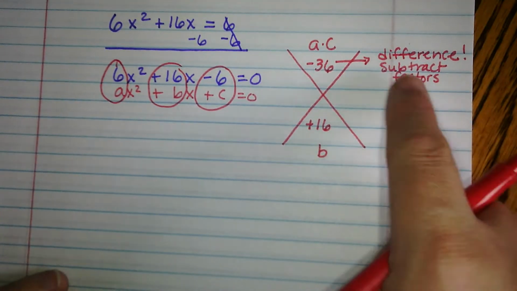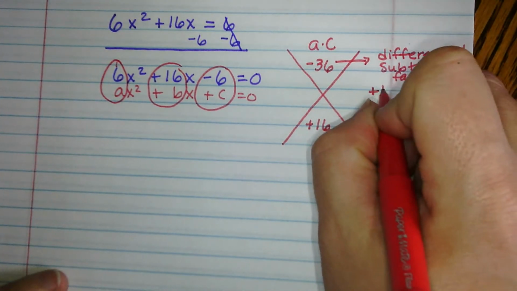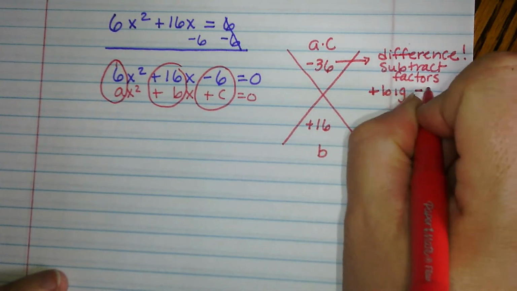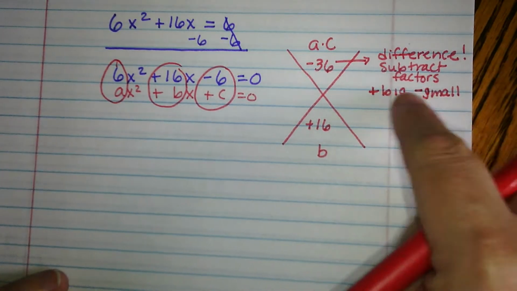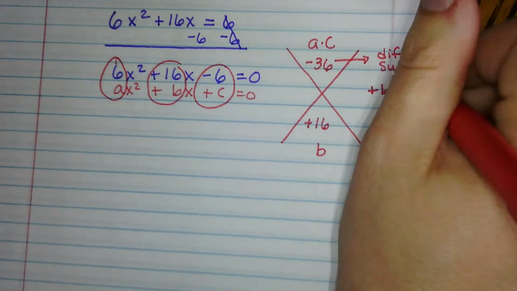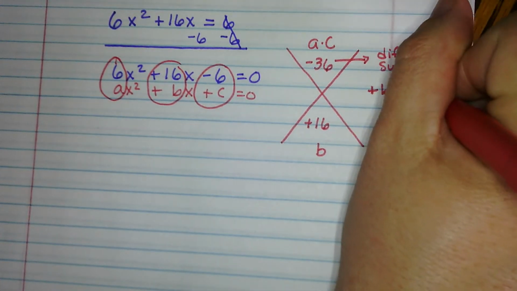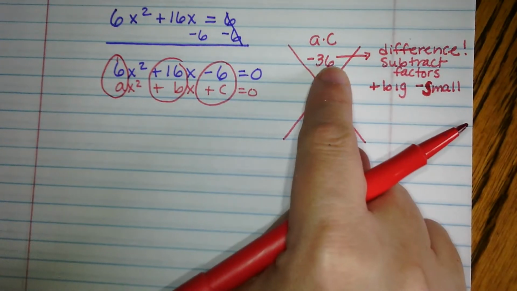And what we need is a positive b. So that means we need a positive big factor and minus a small factor. The reason we need minus a small is because big minus small is still going to give us a positive when we're done.